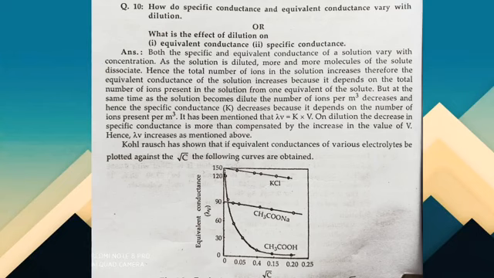The answer is that both the specific and equivalent conductance of a solution vary with concentration. As the solution is diluted, more and more molecules of the solute dissociate. Hence the total number of ions in the solution increases.